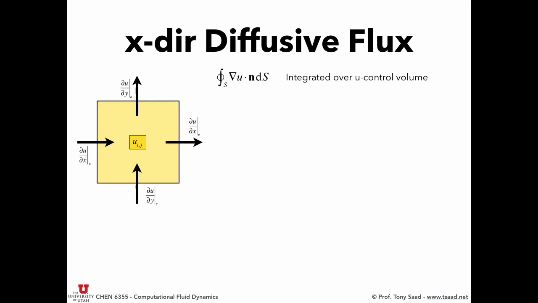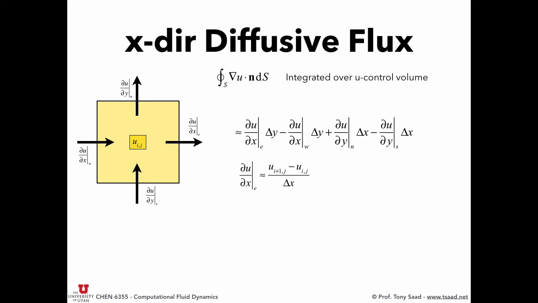So this integral is going to tell us that this is equal to du dx east minus du dx west, we did this at the end of class last week, plus du dy north minus du dy south. We still need to approximate those fluxes, and we're just going to use central differencing. So du dx east is simply ui+1 minus ui over delta x. And then du dx west is (ui minus ui-1) over delta x.